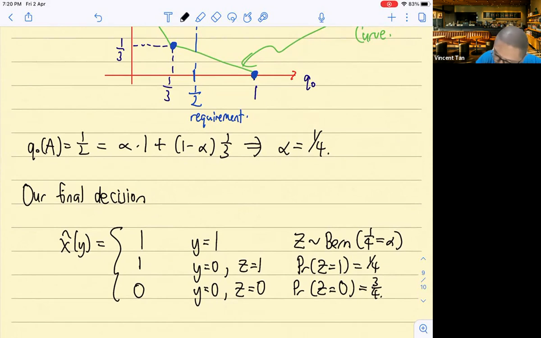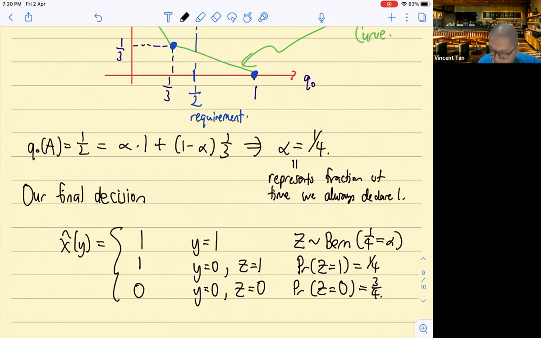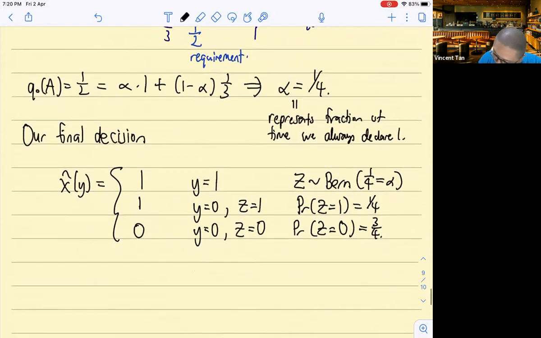So alpha, what does alpha represent here? Alpha represents the fraction of time we always declare 1. In particular, 1 minus alpha, which is 3/4, is the fraction of time we use the ML rule.